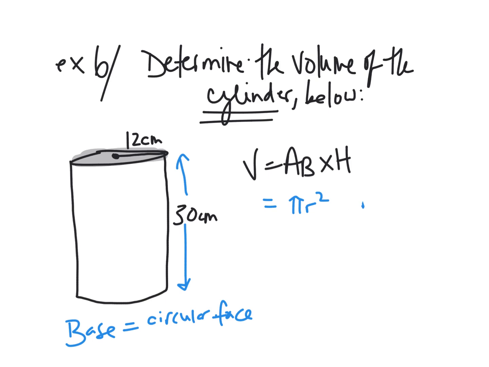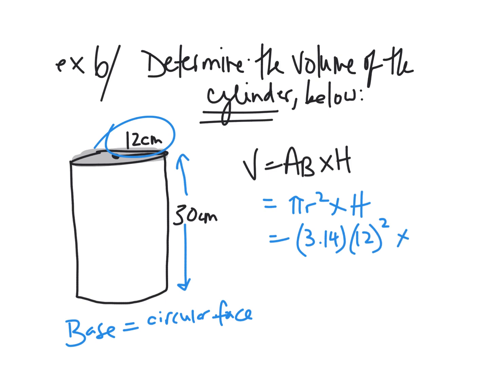Let me clean up my writing here. Times height. Okay, so pi, we're going to use 3.14. You can hit the pi button on your calculator. The radius is given to us as 12, so it's going to be 12 squared, and then we're going to multiply that by 30. Everything's multiplying here, but you do want to pay attention to order of operations, and it's a good habit to do the exponent first.